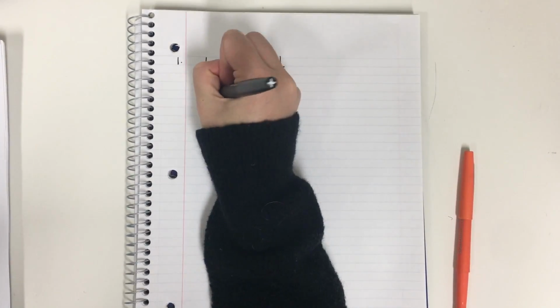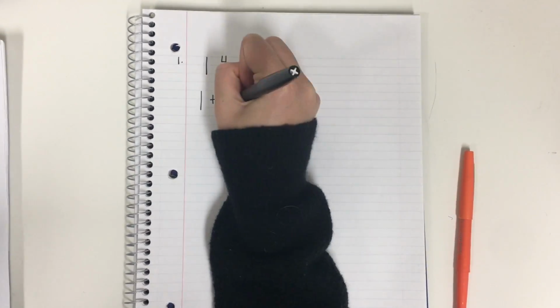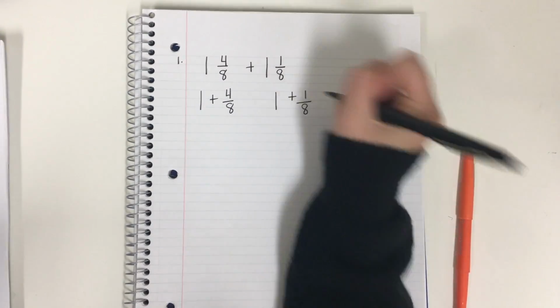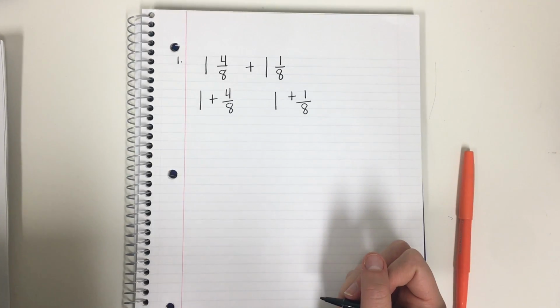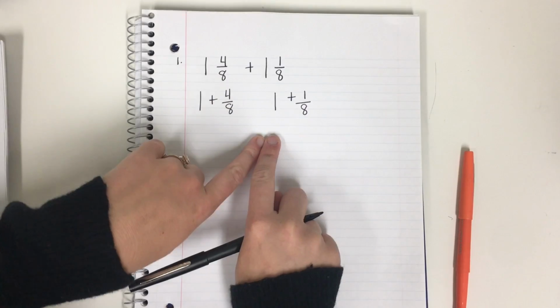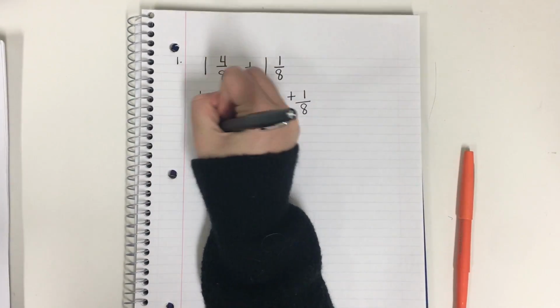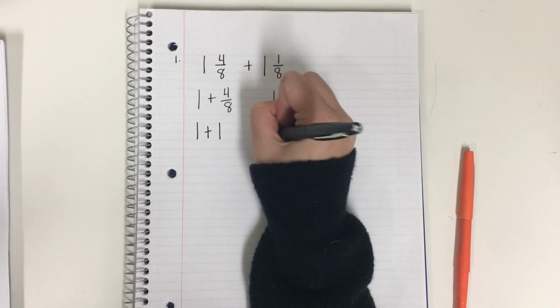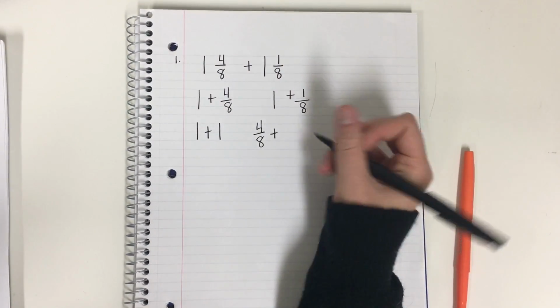So I need to do 1 plus 4/8 and then 1 plus 1/8. Now I need to group my what? I need to group my whole numbers together and my fractions together. So now I'm going to do 1 plus 1 and then 4/8 plus 1/8.